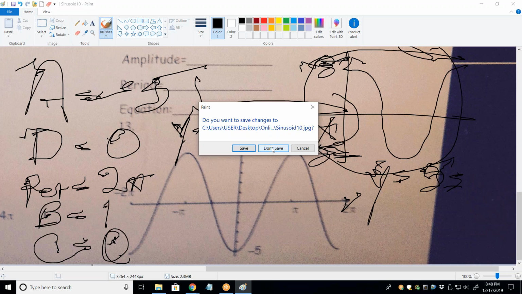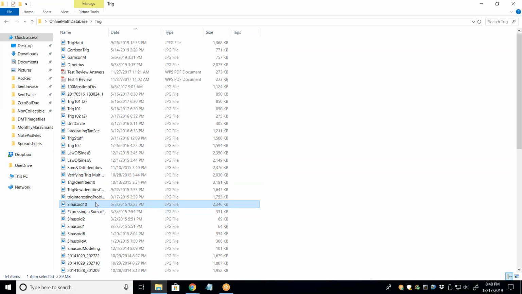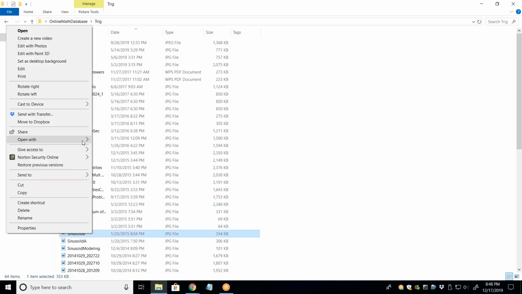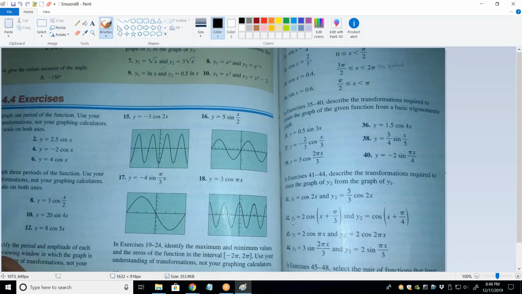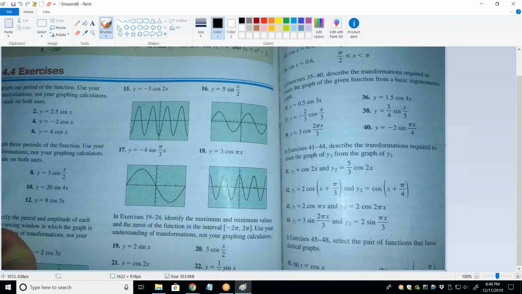Ooh, don't want to do that. Hold on. May have to do that. Let's see. Yeah, let's open up another one here. Let's try this one. All right. 15 appears that they've given us both the equation and the graph.